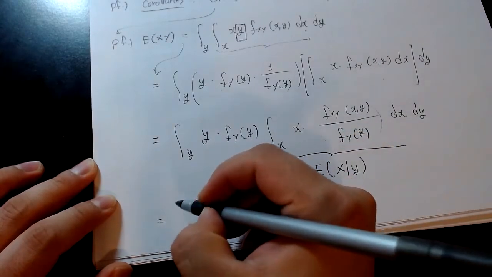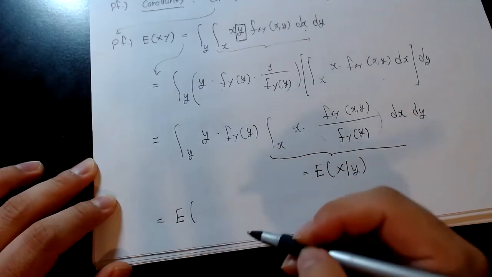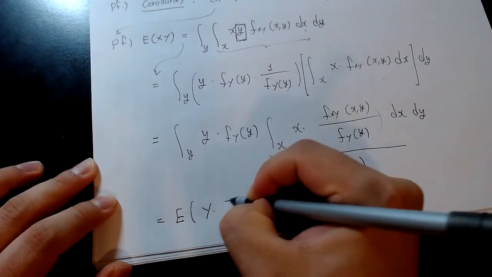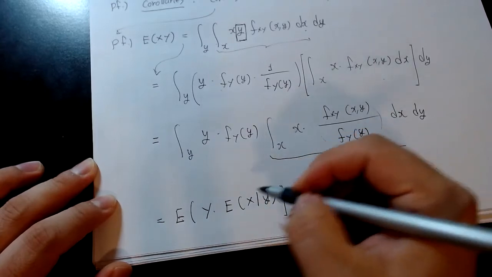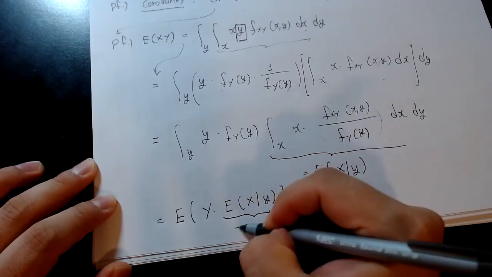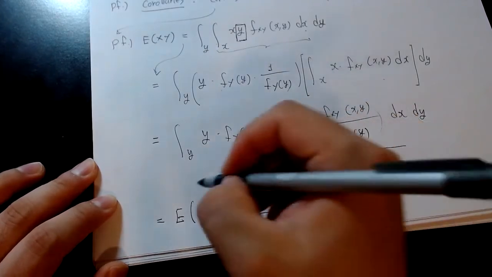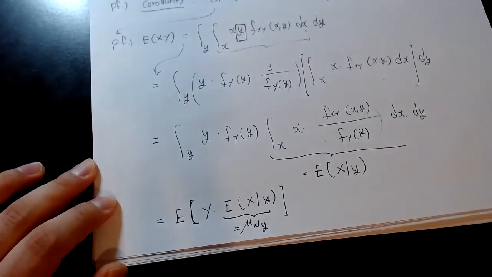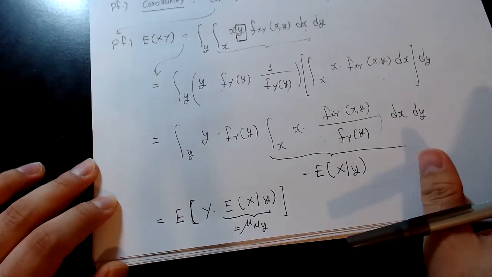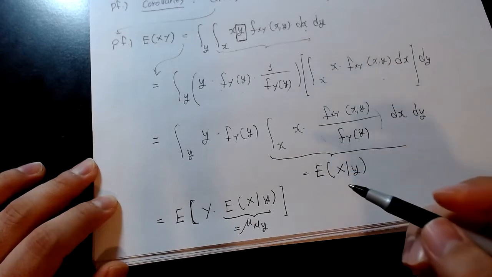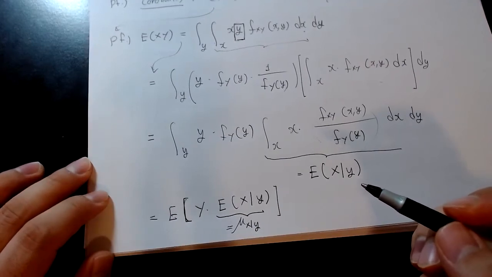Now this is equal to the expected value of y times the expected value of X given y. By the way, that is mu_{x|y}, right?